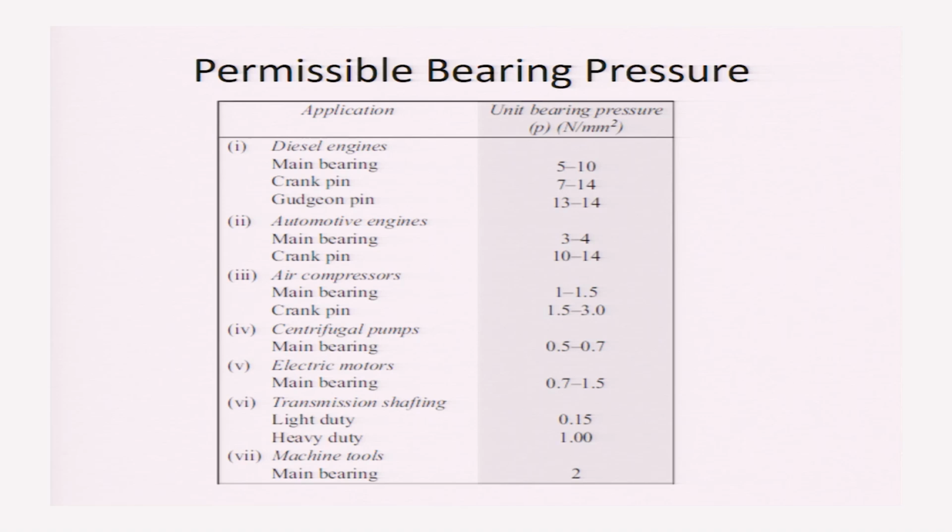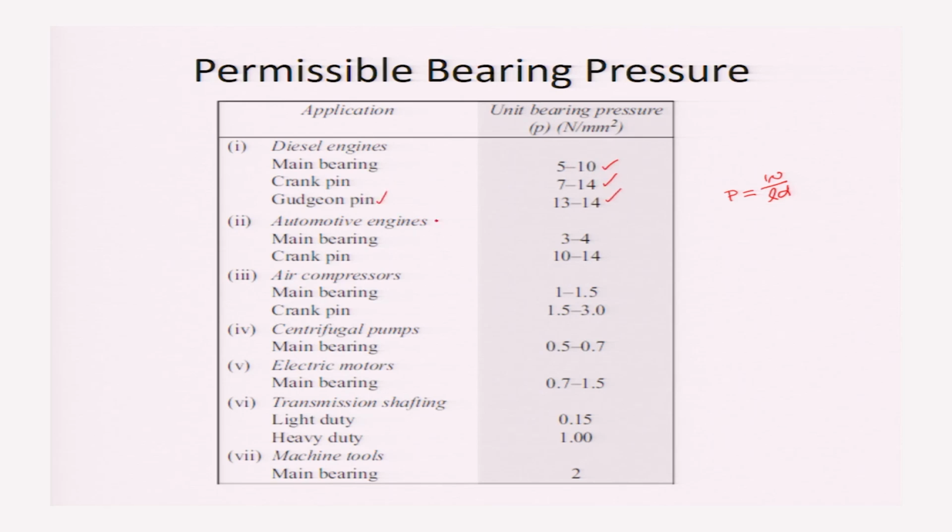Now, this table shows you the possible bearing pressure. Possible bearing pressure means the value of P, the unit bearing load, that is W divided by LD. For different applications, what would be the range of this P? For diesel engines, main bearing, this is the range. For crank pin, this is the range. For gudgeon pin, this is the range.